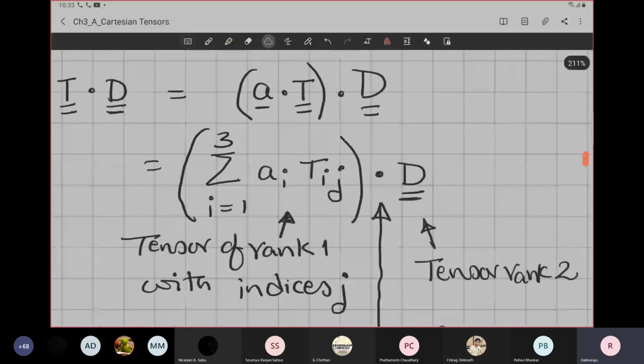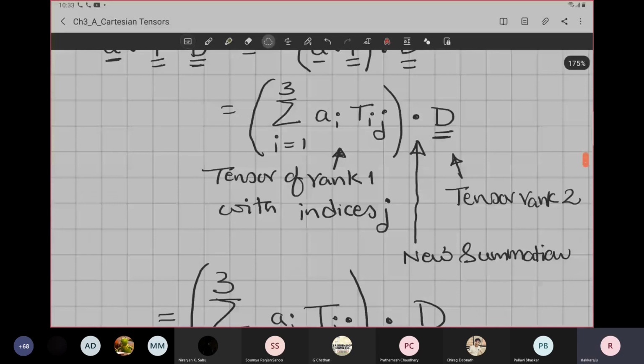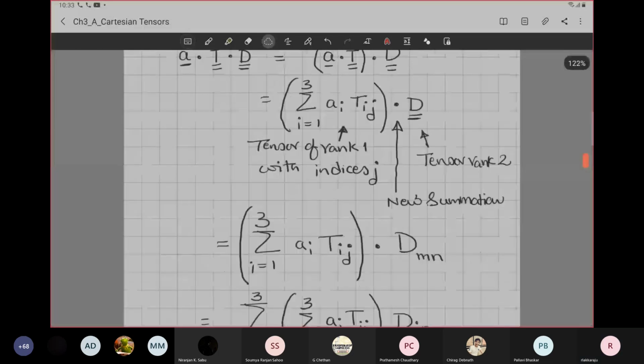Now dotting with D. Let us look at what it means. So summation I equal to 1 to 3 AI Tij. Dotting with D, it has new indices M comma N. Because it's a computer program, you don't have to stick with I comma J. It can be M comma N. For M equal to 1 to 3, for N equal to 1 to 3, D of M comma N is some value and so on.